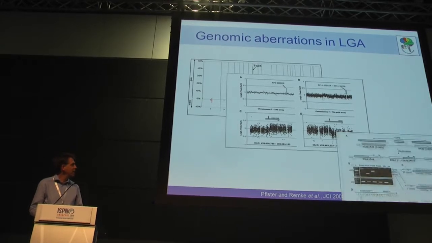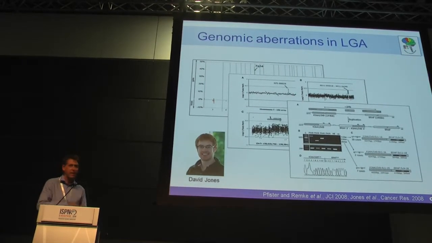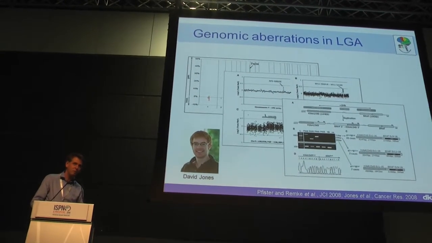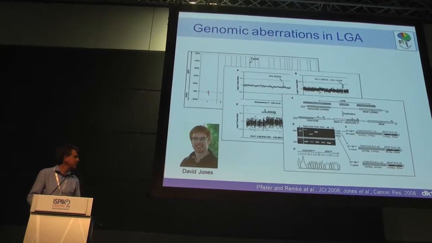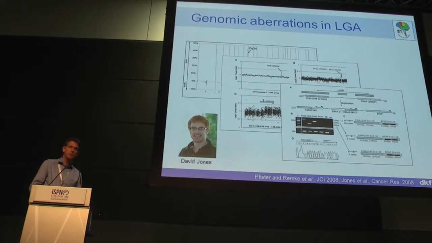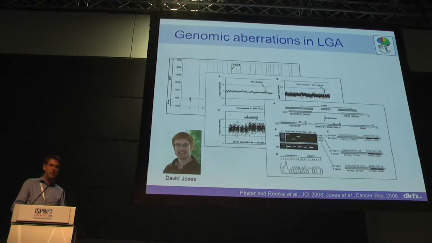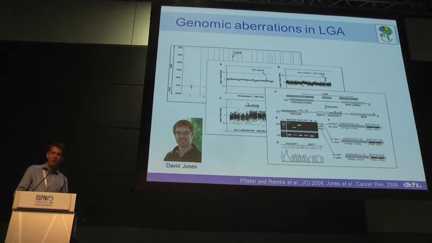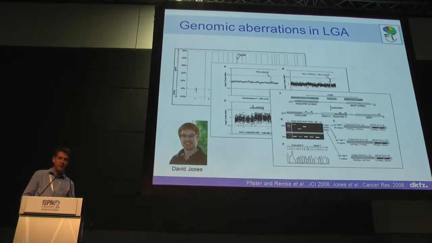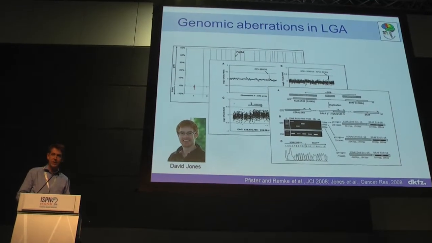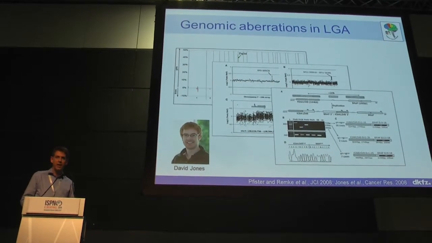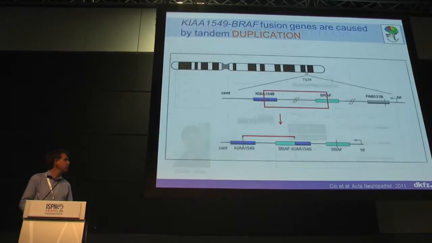And quite a smart guy back then, working in Cambridge with Peter Collins, called David Jones, whom you will probably hear several times at this meeting, basically figured out that this tandem duplication on chromosome 7q34 leads to a fusion of the kinase part of BRAF with previously unknown or uncharacterized other genes. And we now know that this is really the hallmark genetic aberration in pilocytic astrocytoma.